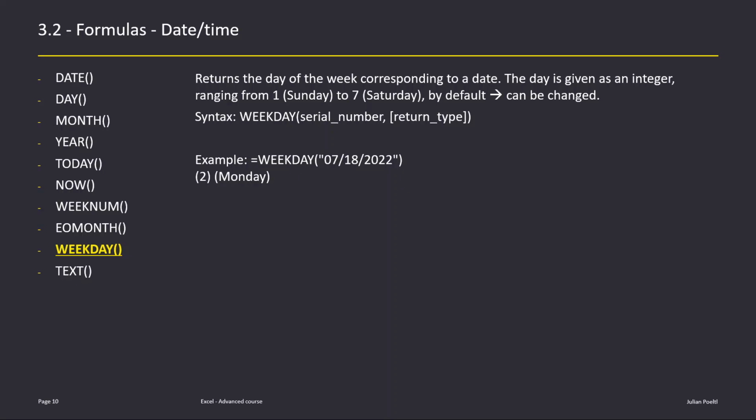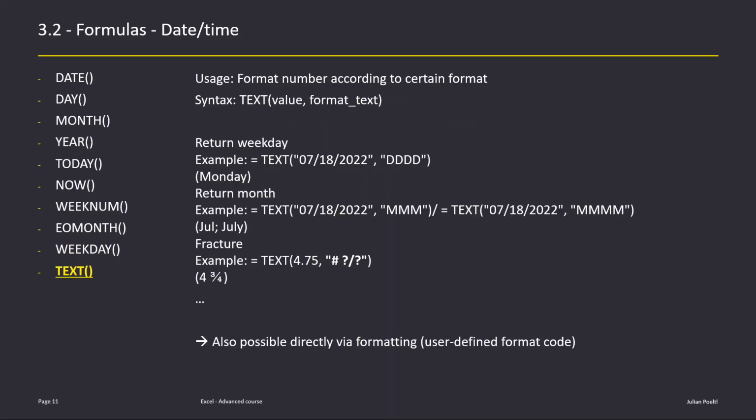Sunday is the first one in the default return type, and 7 is the last one. So 1 is Sunday, 2 is Monday, 3 is Tuesday, and so on and so on. But you can adjust the return type according to your wish. And it will hand out a number for the weekday. You could use that for whatever you want.